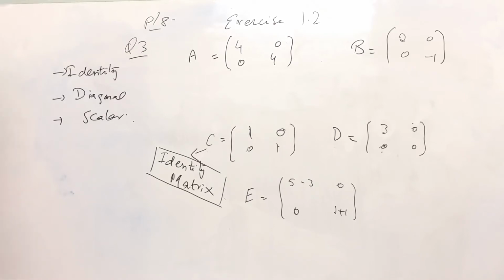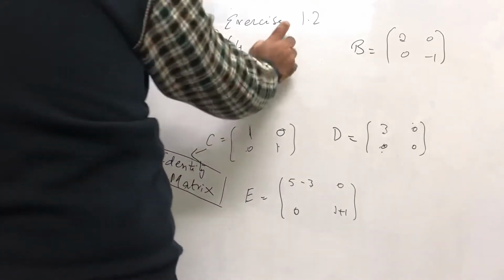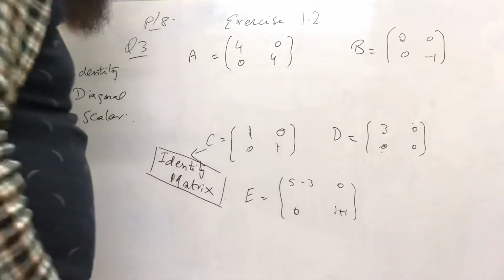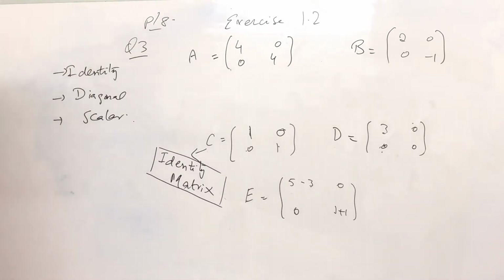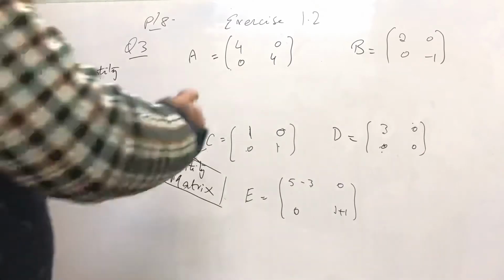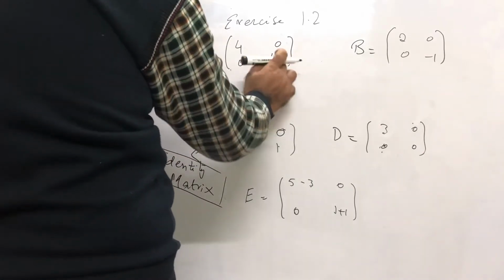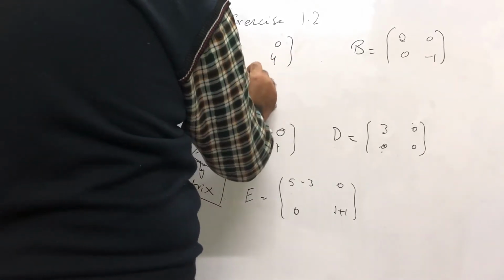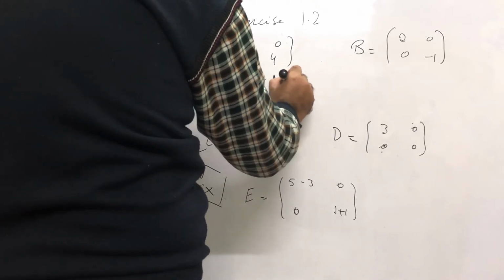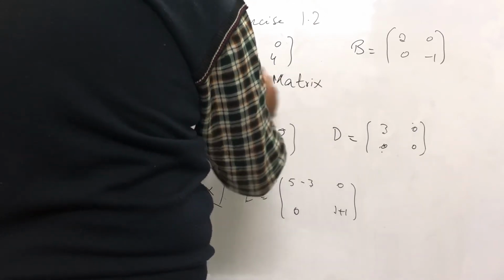A scalar matrix is that matrix where non-diagonal entries are 0, like this A, these non-diagonal entries, and the elements of the diagonal are the same. This is 4, this is 4, same. This is a scalar matrix.